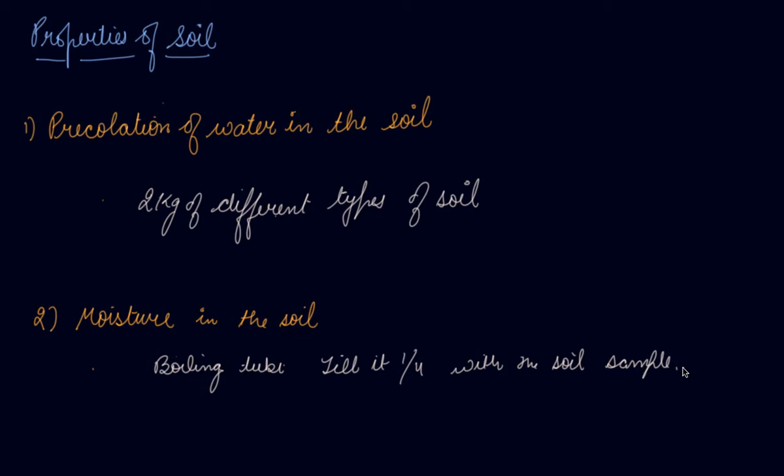Definitely these water droplets come from the soil, as when you took the boiling tube and heated it, this was the soil that was present in the boiling tube. Now what happened?